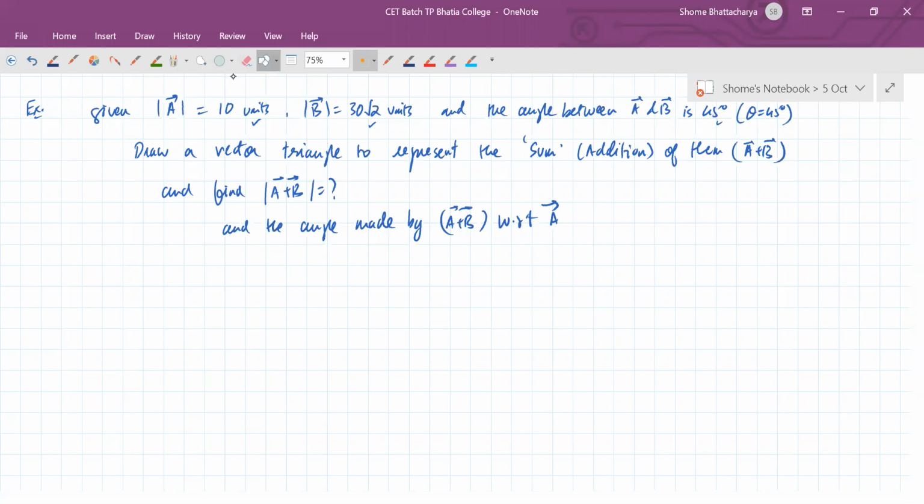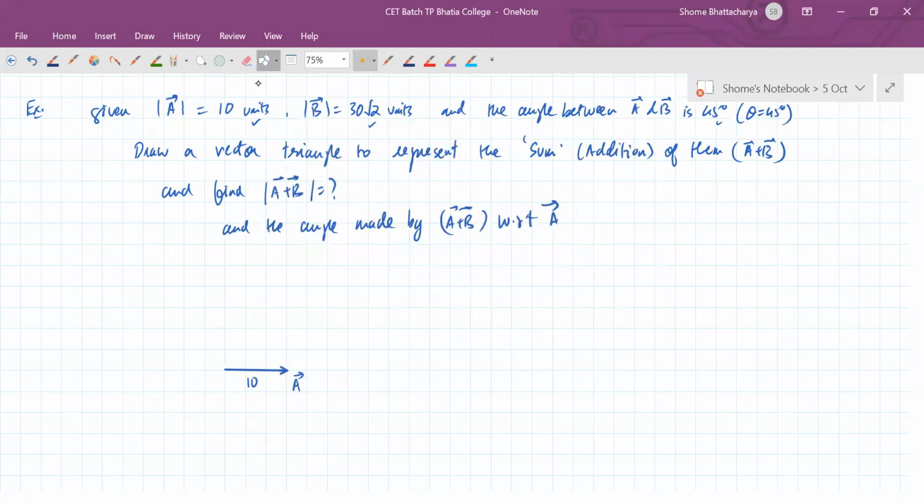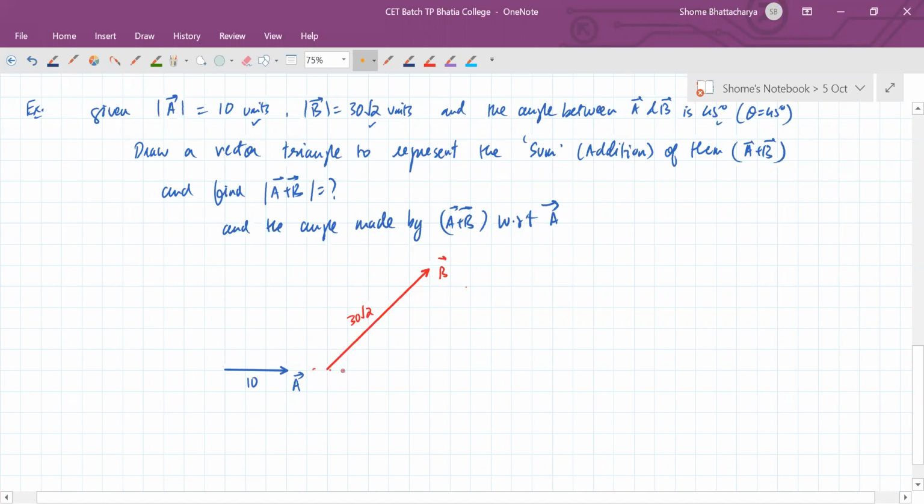If we were to just draw the vectors A and B alone, if A is a vector, suppose in this direction, of magnitude 10, then we can represent the vector B as a vector in this sort of direction, of magnitude 30 root 2, so quite a bit more than A, but such that it's making an angle of 45 degrees.